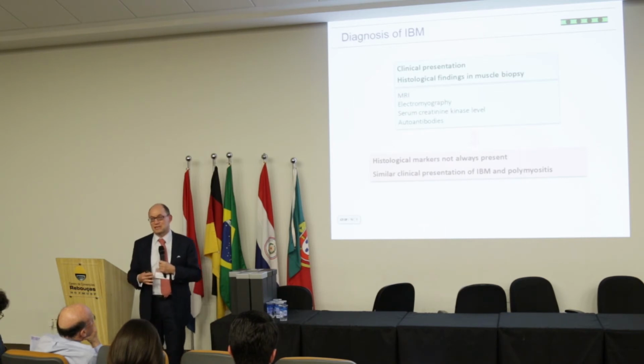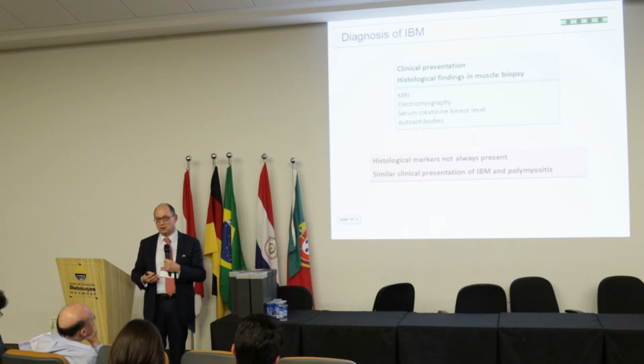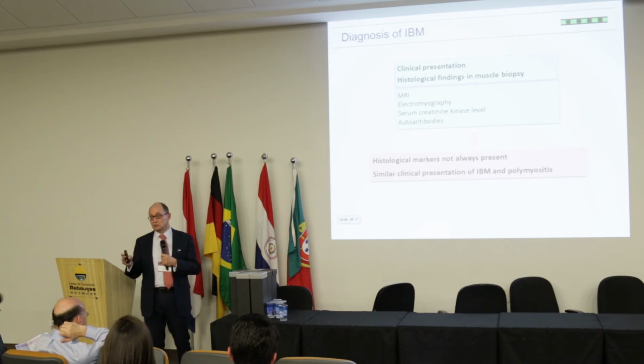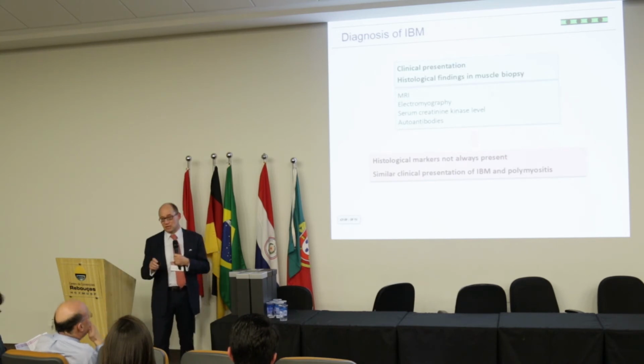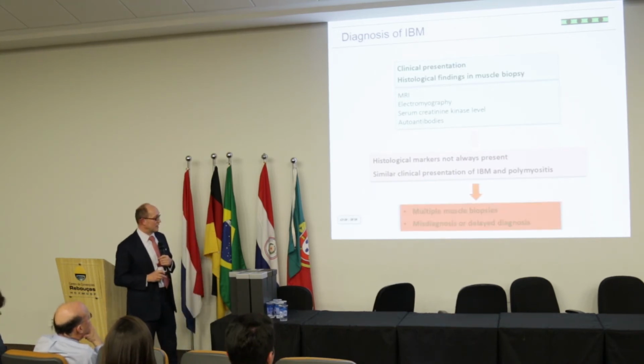Up to 50% of the patients with inclusion body myositis are not finally diagnosed within the first years. Often the final diagnosis is delayed up to 8 years. So in the early stages, it's extremely difficult to differentiate between polymyositis and inclusion body myositis.